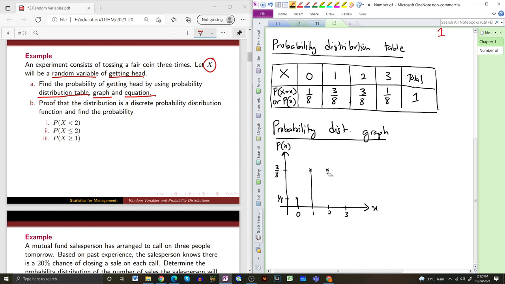Two is, and 3 is. This is how you draw the probability distribution graph.